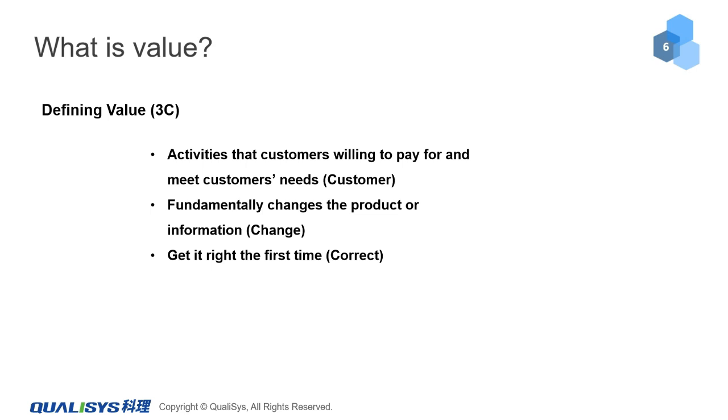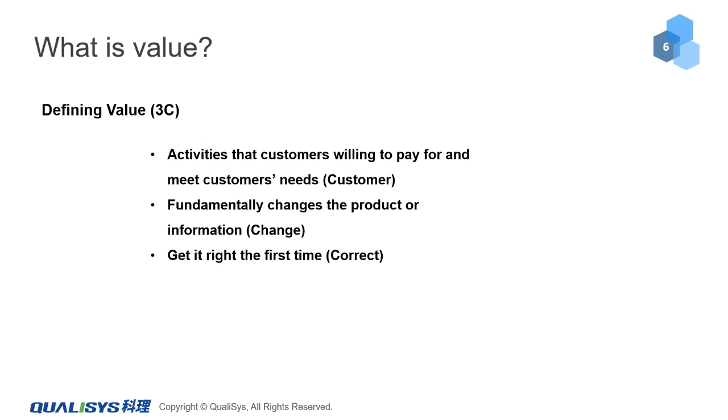Those activities not paid by the customer, we call non-value added, and we try to minimize them. It doesn't mean that we cannot do them at all, but you try to minimize them. For example, if you need to conduct a meeting, you have to do it, but don't conduct too many meetings. So that's the meaning of value added. That's the first criteria: whatever is paid by the customer is value added.